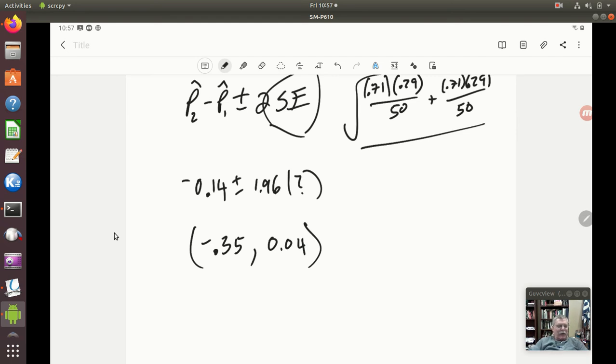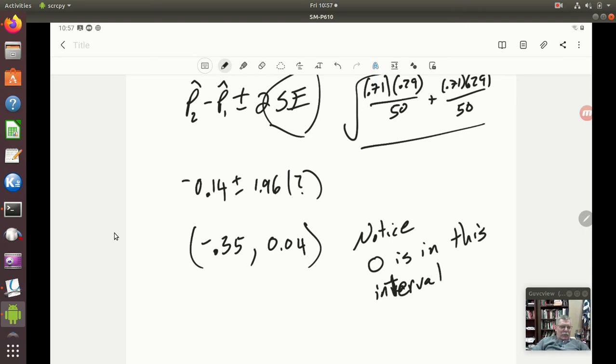Okay, so there's our confidence interval as to what the actual difference is. Now notice 0 is in this interval.